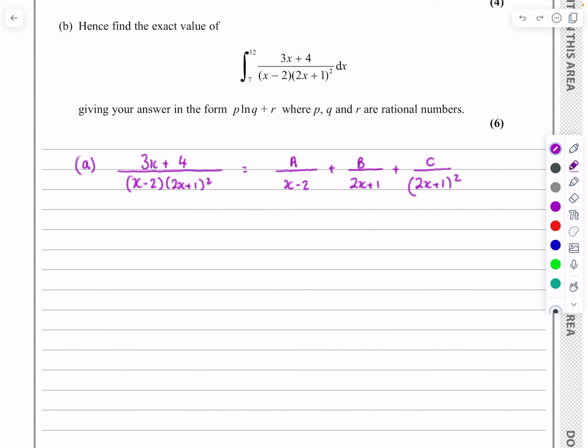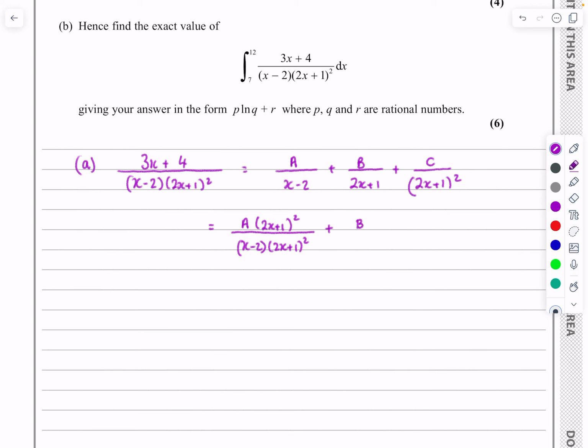So if I'm going to do that, you can do this as slowly or as quickly as you want to do. I'm going to say A, it's going to be 2x plus 1 squared over x minus 2, 2x plus 1 squared. Now you could just do this all immediately in one go here. I'm just slowing it down.